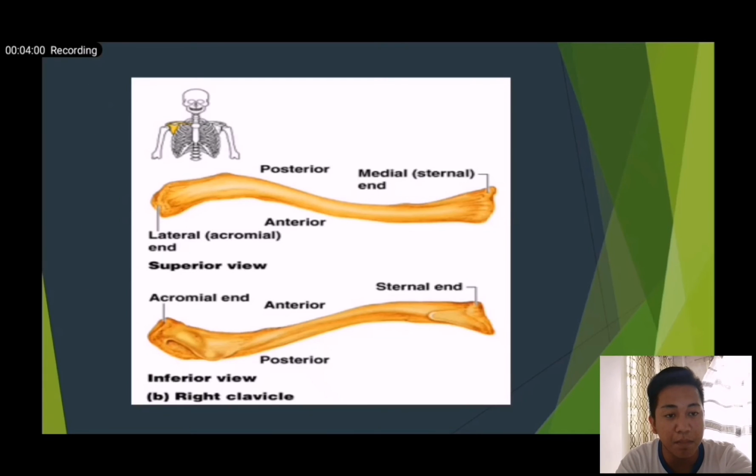So as you can see at the picture, here is a clearer picture of the clavicle. Meron po siyang lateral acromial end, and we also have the sternal end at the superior view. So, makikita naman po natin sa inferior view, nakikita yung acromial end and then yung sternal end.